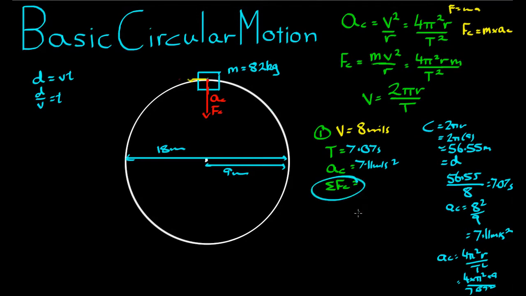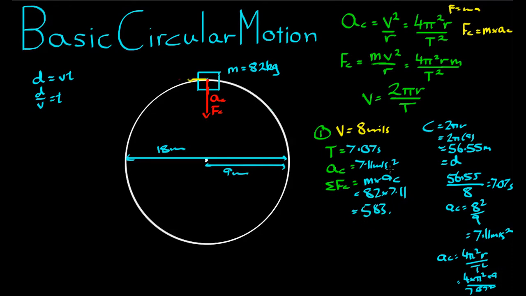So finding the net force now, that's equal to, I can either just say mass times a_c there, which is equal to 82 times 7.11, 583.